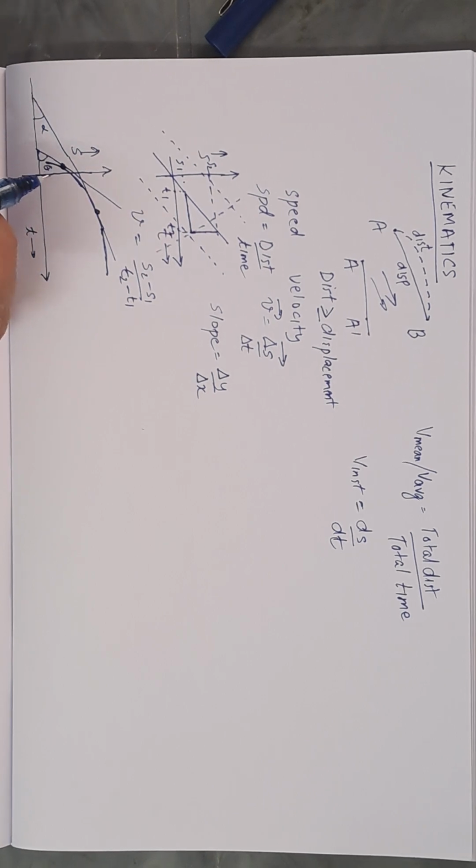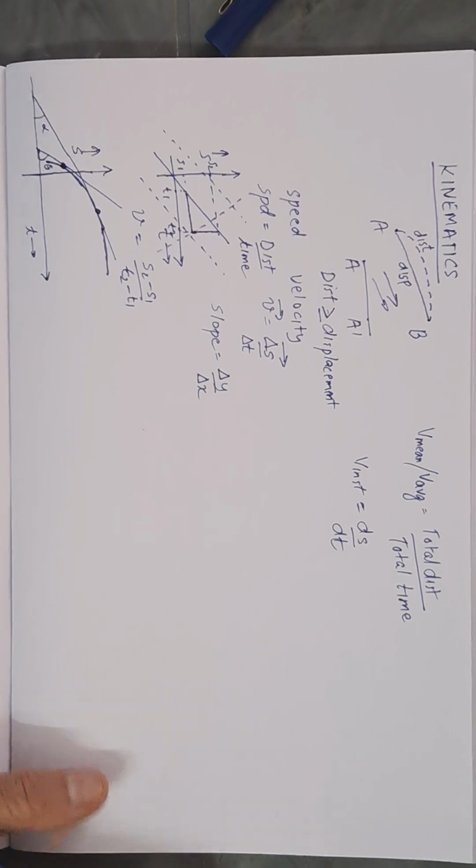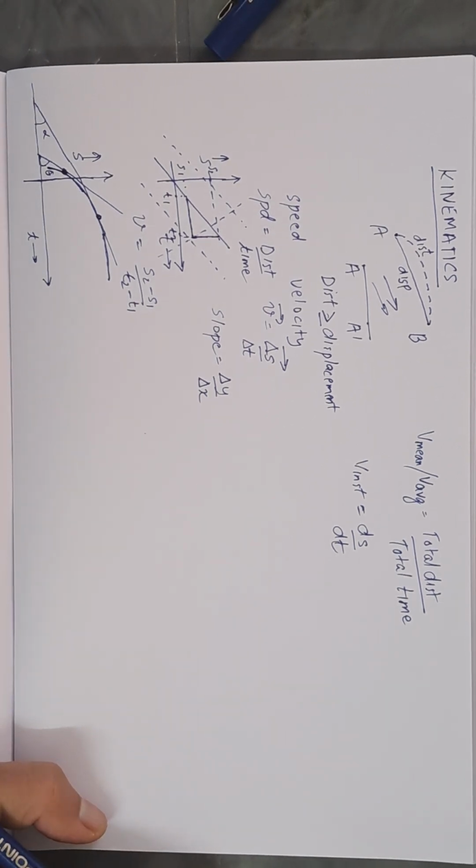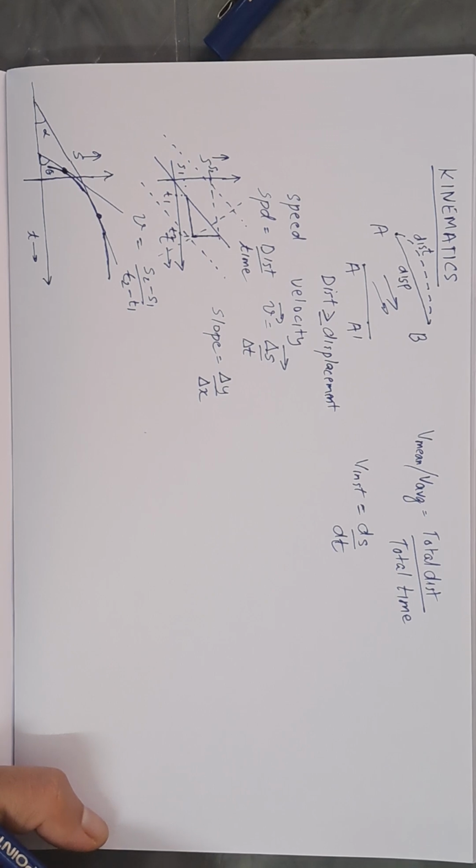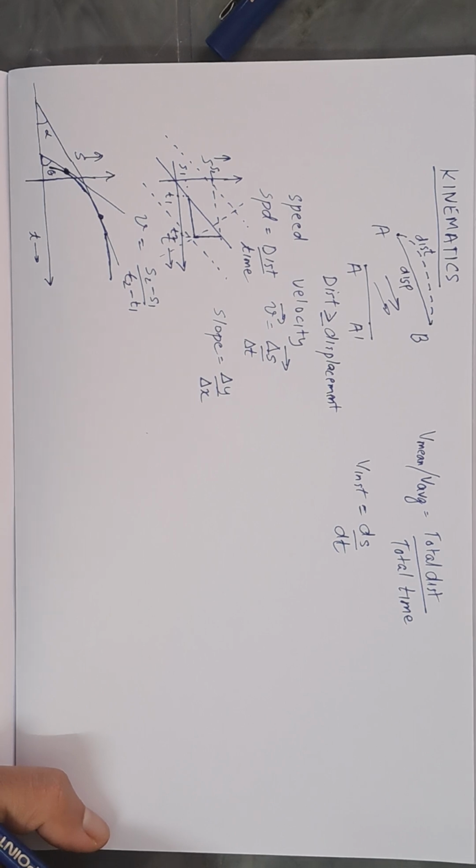So at two different time instances, the rate of change of s with respect to time will be different. And because of that, the velocity at two different time instances is different, right?